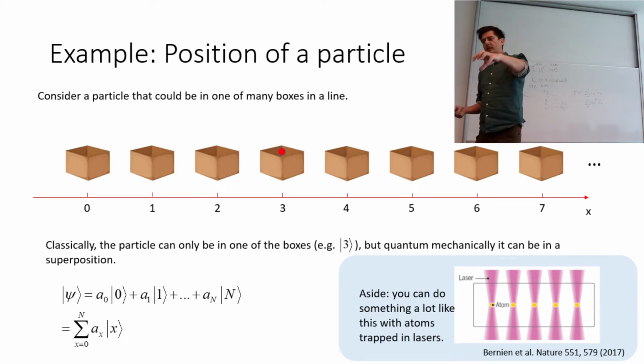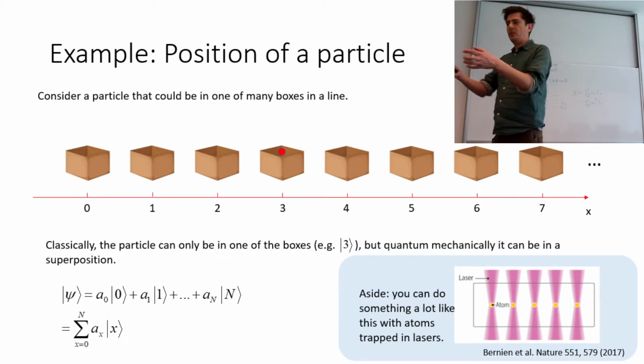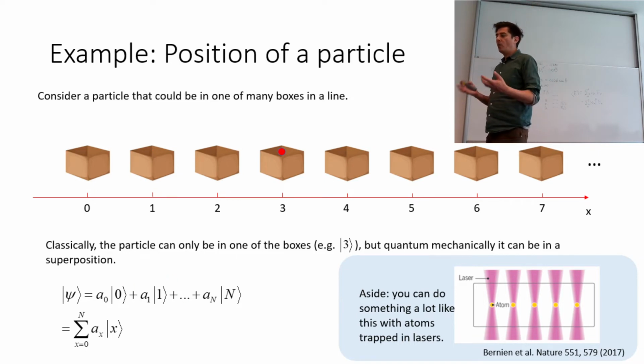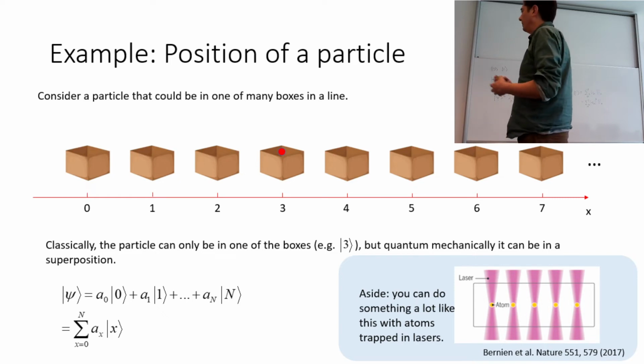And that state has a definite value of 0 because that's the position where it is. This one is state 1, and that has a value of 1 because that's where it's located.